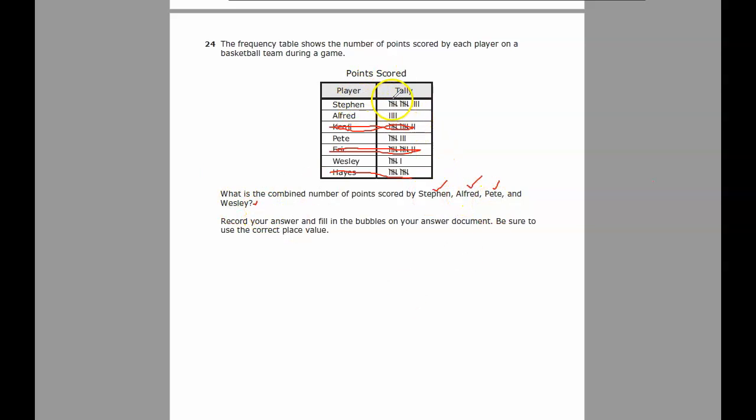So Stephen, I can count by 5s. 5, 10, 11, 12, 13, 14. So Stephen has 14 points. Alfred has 1, 2, 3, 4 points. Pete has 8. And Wesley has 6. And my keyword is combined, so what am I doing with all those numbers? I'm adding them.